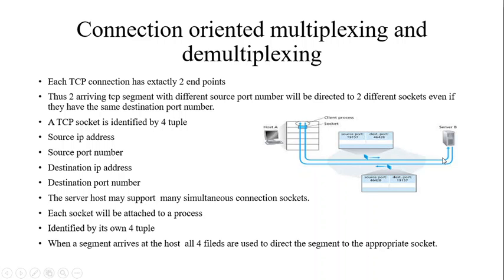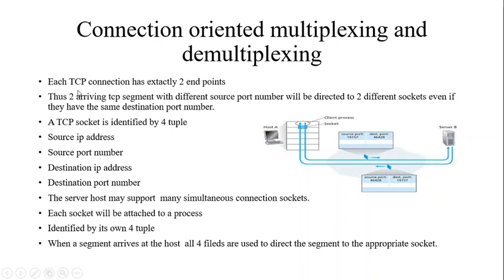At the time of sending back to the client, that is, when the server is sending some message back to the client, it just gets reversed. The new source port number will be the old destination port number, and the new destination port is the old source port number. It just reverses. So this is how it is.